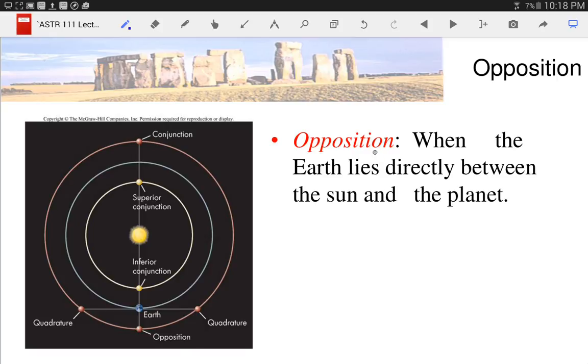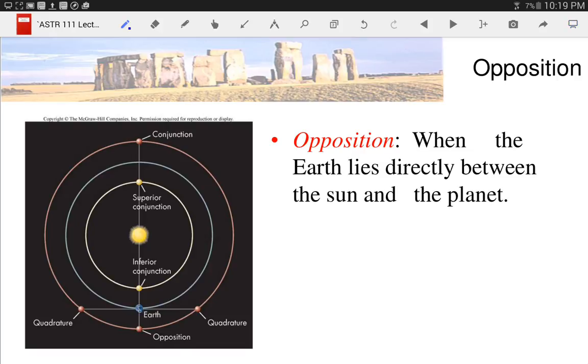Opposition. Opposition means you have an object that's in the opposite direction as the sun. So the sun is pointing, well, right now the sun's pointing, I don't know, somewhere down there, right, to get to the sun. Something in opposition would be the opposite direction.